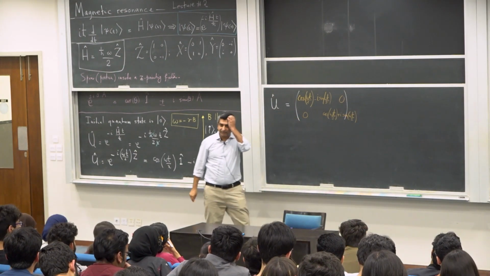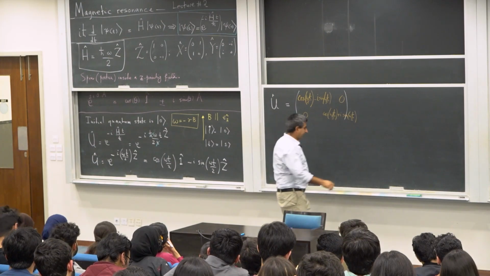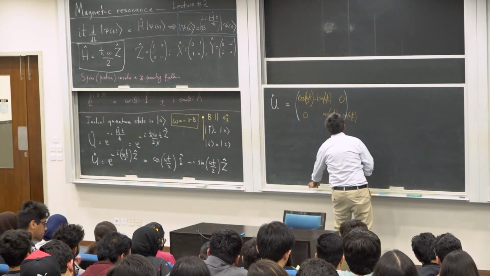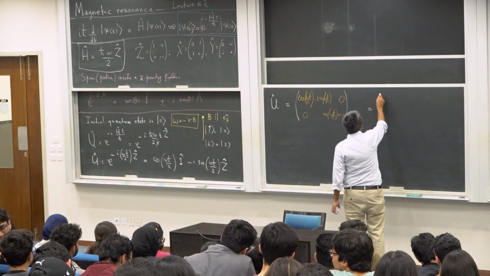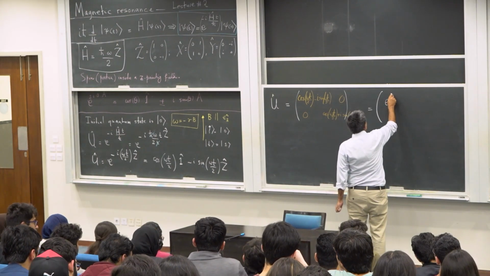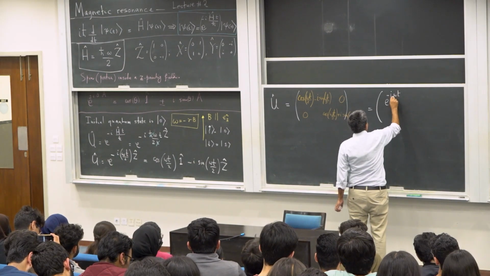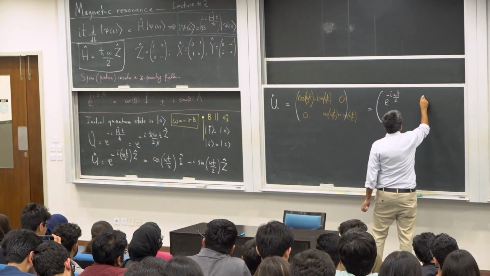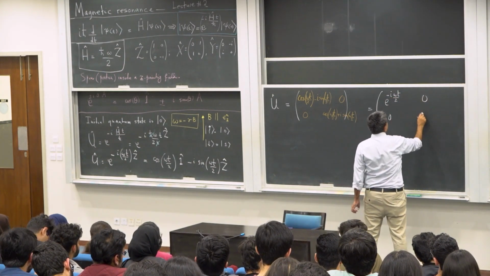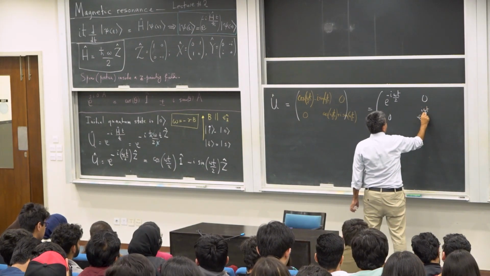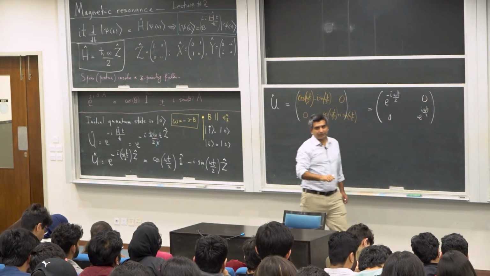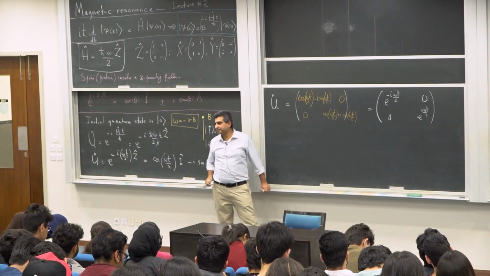So this is my matrix, correct? And I can write this in a slightly more compact form as e to the minus i omega t over 2, e to the i omega t over 2, 0, 0. So this is my operator.